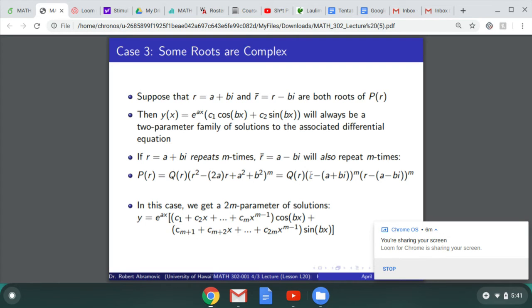So notice here, there are two different complex roots, each of which is repeated m times, and you get a 2m parameter family of those. So if we have a complex conjugate pair that appears as a root of the characteristic polynomial, we get a 2m parameter family of solutions.